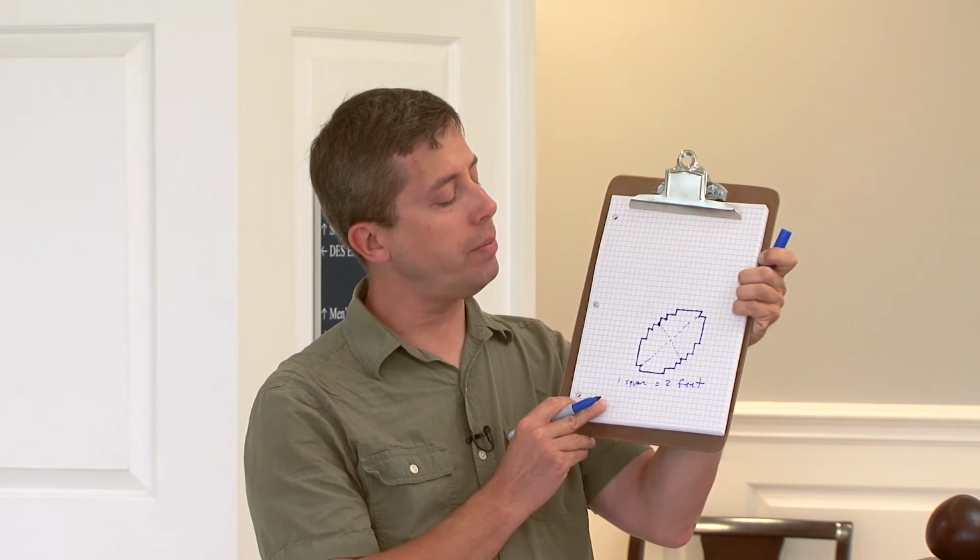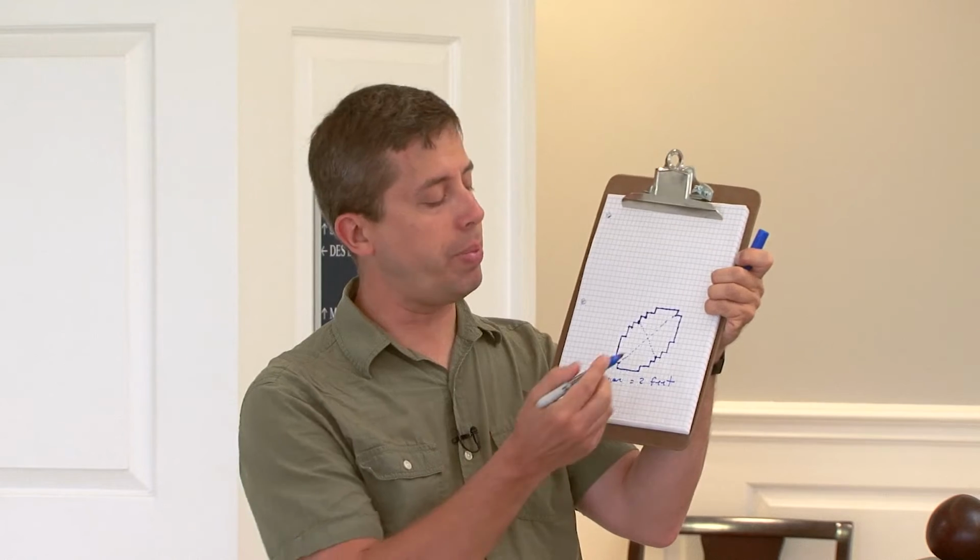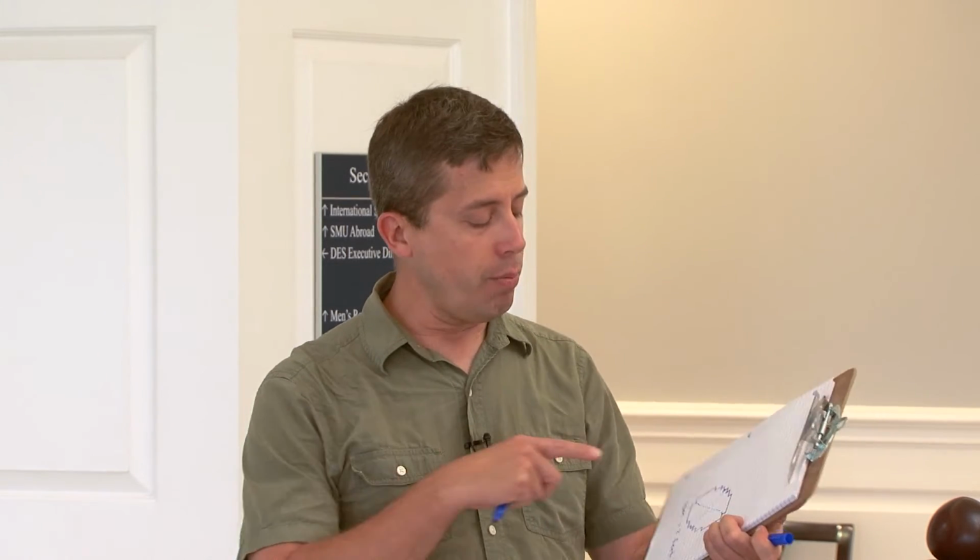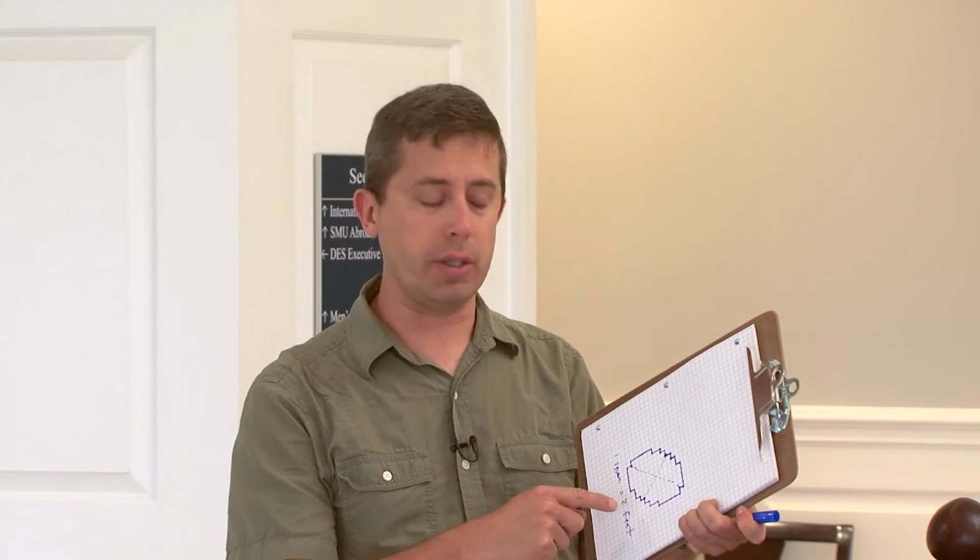And so I can now multiply by how long the diagonal of a 2-foot square is. We could use the Pythagorean theorem, or we could just multiply by square root of 2. And so we find out that the diagonal of a 2-foot square is about 2.8 feet. And I would multiply that to get these 2 dimensions.